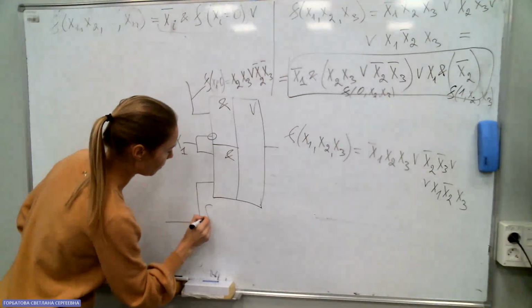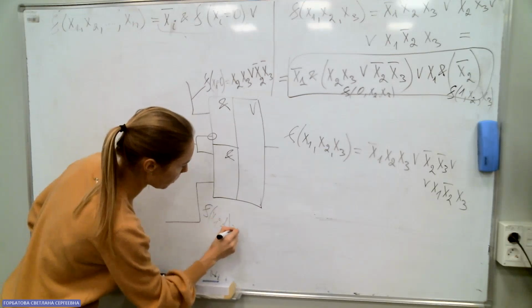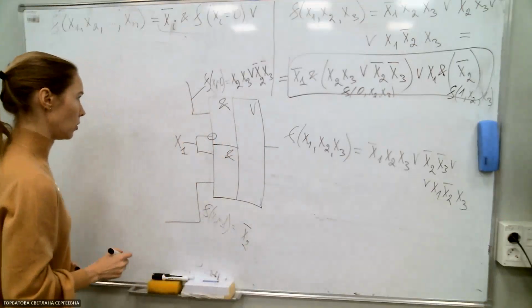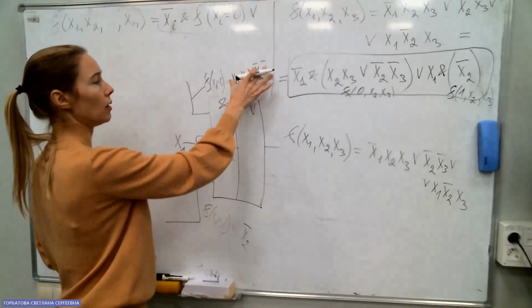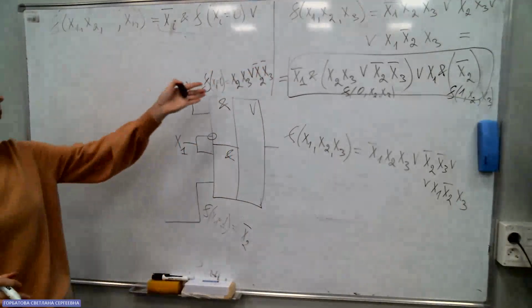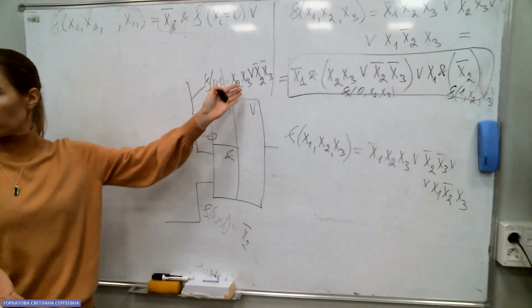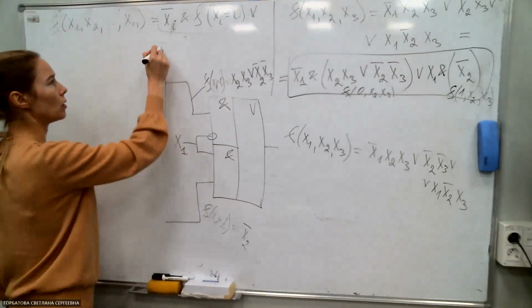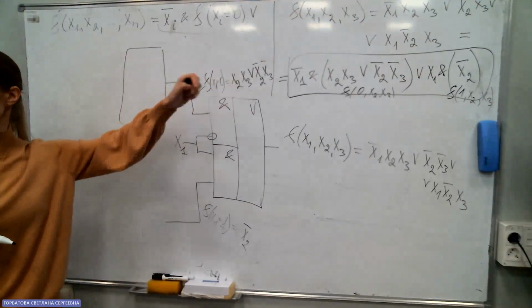And here f of x1 equals 1, which is not x2. So from this function, we need to eliminate x2 or x3. Which one would you like to eliminate?